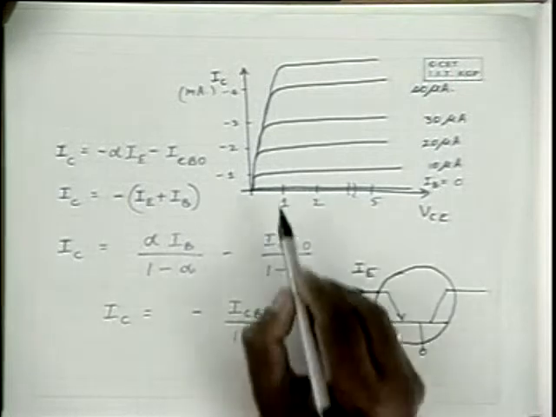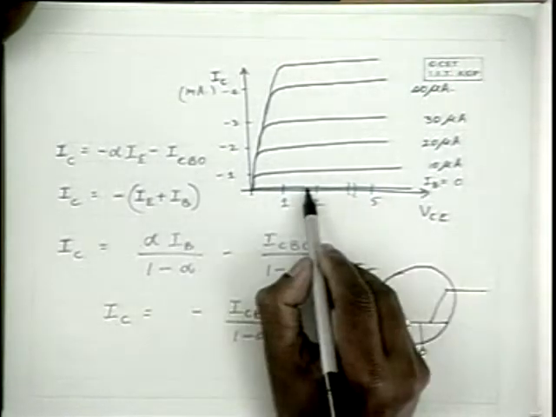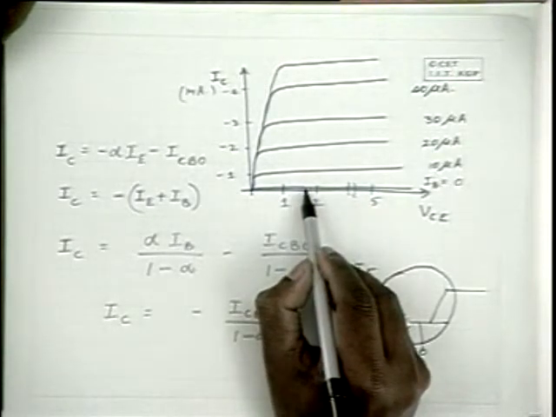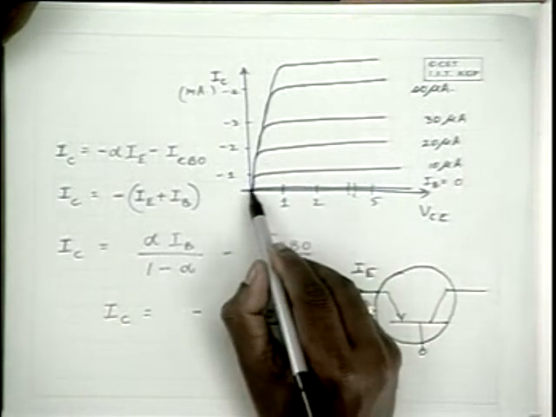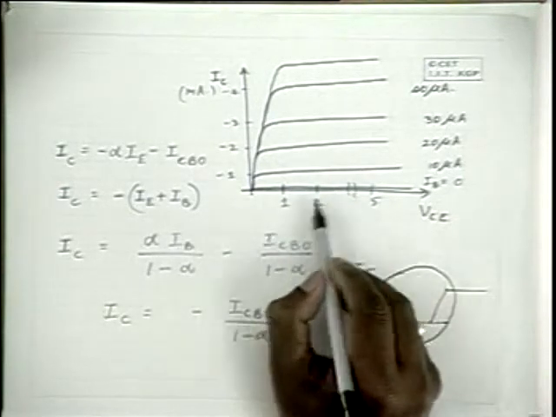So whatever cutoff current you obtain in the common base configuration, 100 times that will be obtained in this.